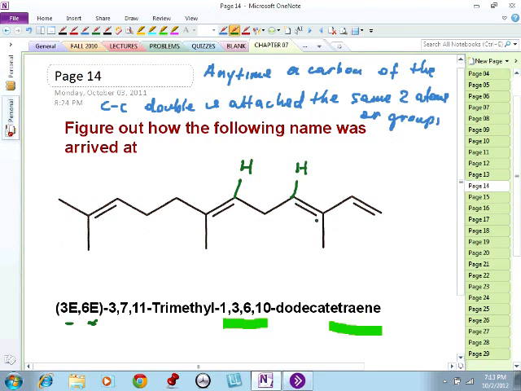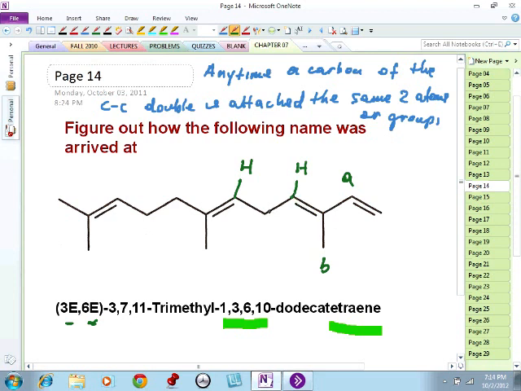Let us look at this here. We focus on this carbon-carbon double bond. Let us look at this carbon first. What is A? This group is A, and this is B. Then we come to this carbon here.